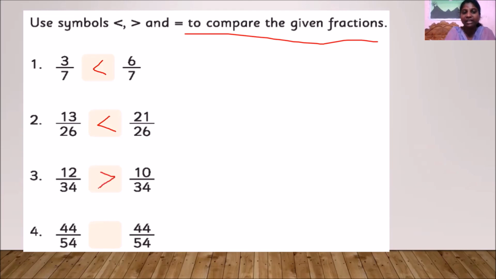So you have to use the greater than symbol. The final one, 44 by 54 and 44 by 54. On both right and left hand side, we have equal fractions. Very good, children. We learned how to compare the fractions.